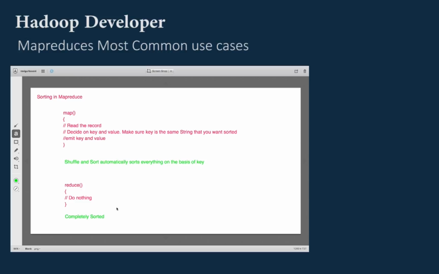Sorting is extremely easy when we are talking of a single reducer, but becomes very, very difficult when we are talking of multiple reducers.